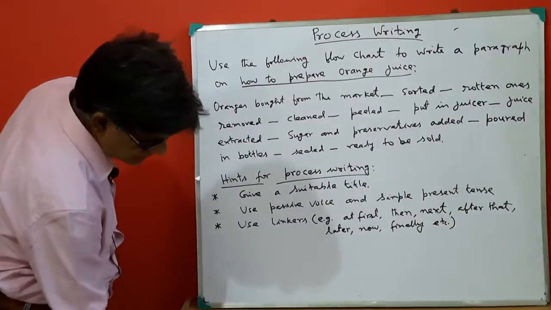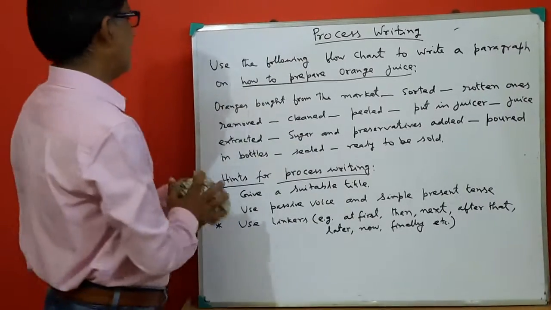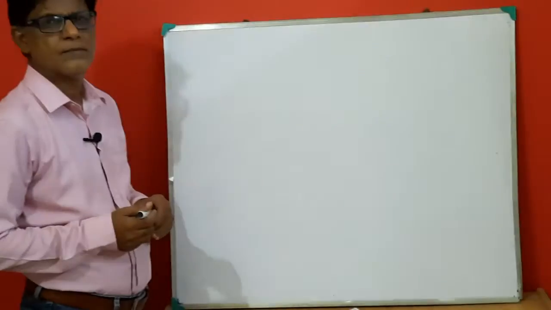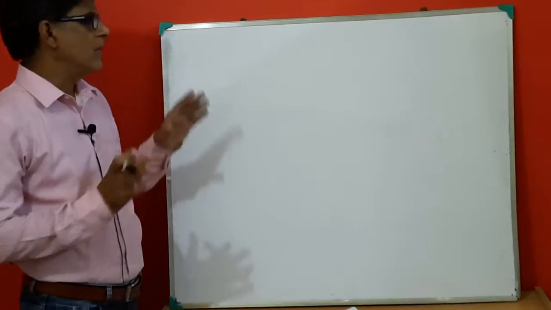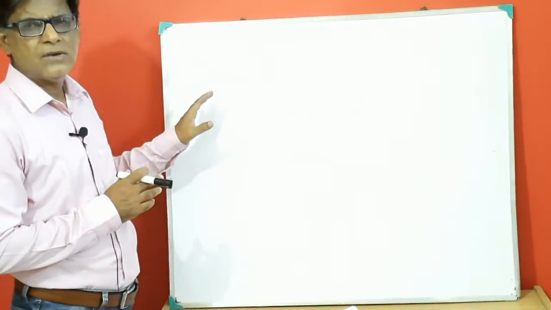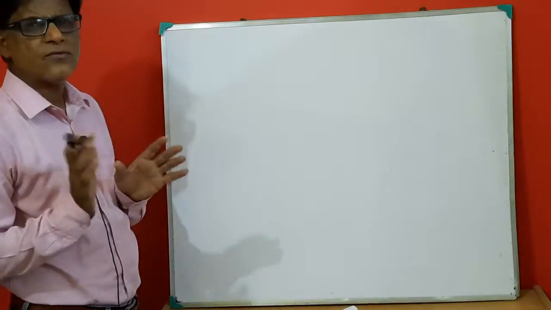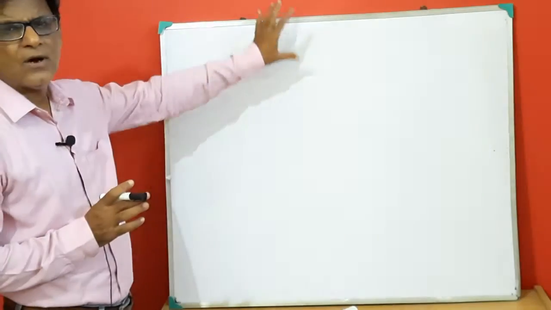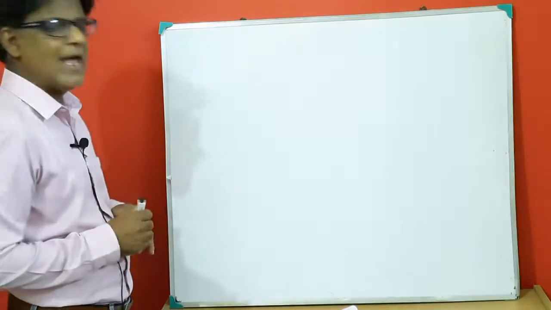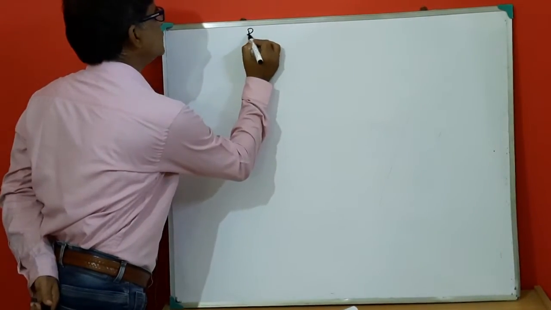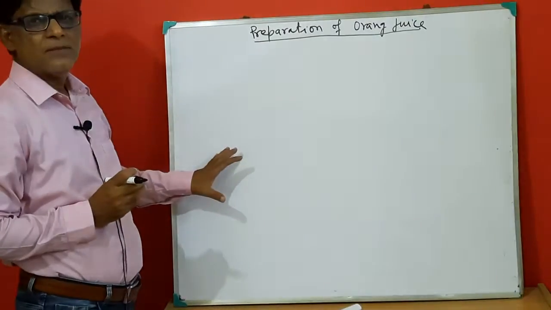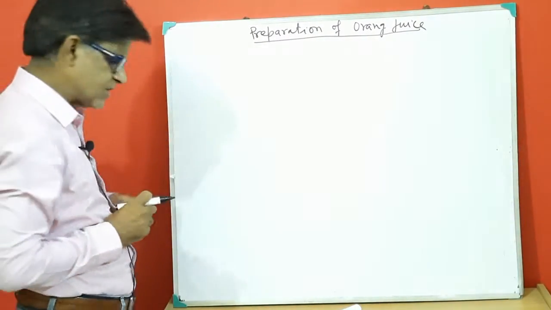So let's start with process writing. Now I am going to write the paragraph on the board. So first of all, I shall give a suitable title here, and the title will be preparation of orange juice of our paragraph in question.